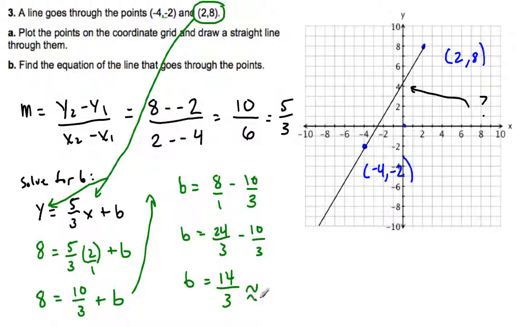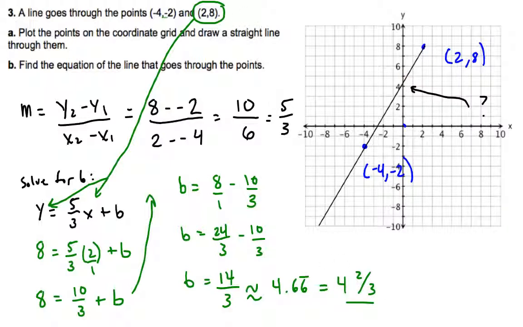That's close to 4, but it's about 4.66, or 4 2/3. If we had just guessed that it was 4, we would have been out of luck, but we found that it was 4 2/3.